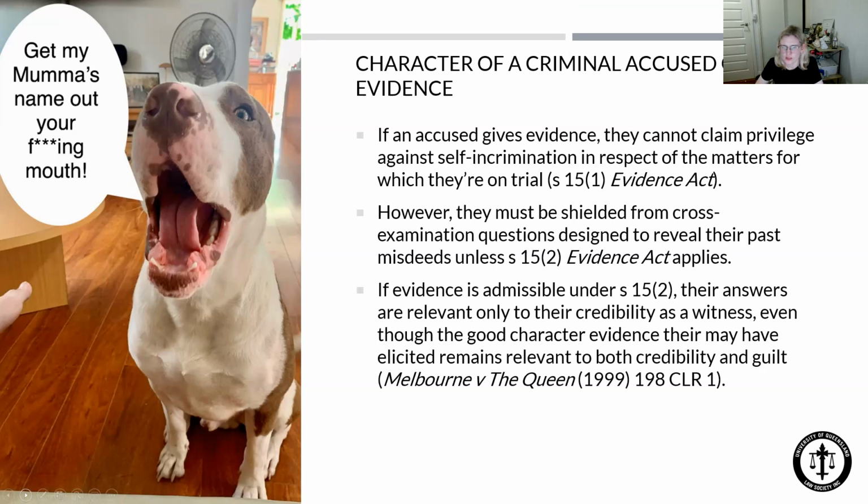If their evidence is admissible only under the exception, then it's only relevant to their credibility. Even though the good character evidence they may have elicited remains relevant to both their credibility and their guilt.